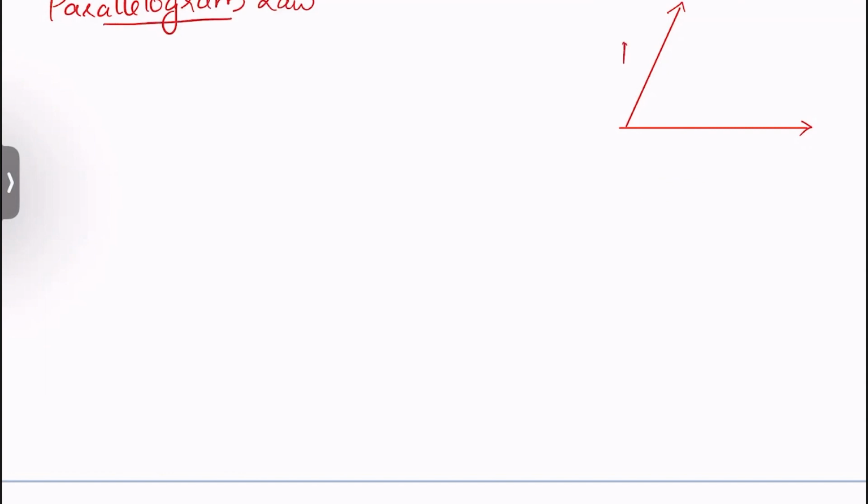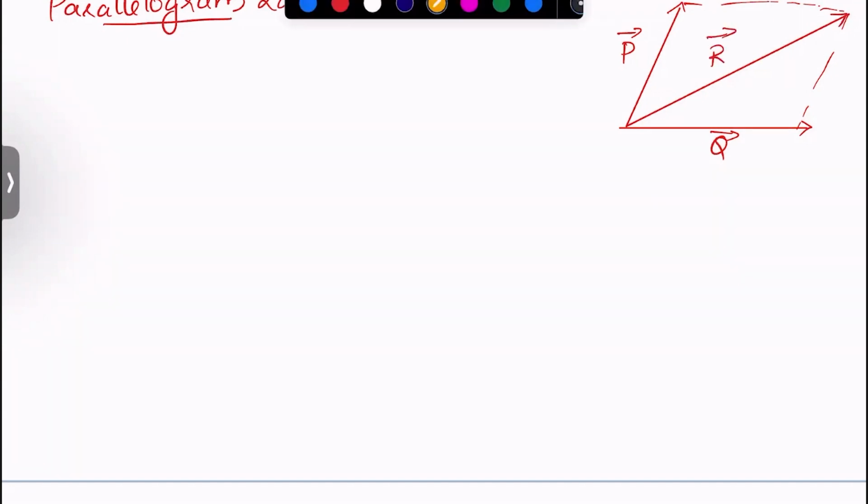So this is P, this is Q, and this is the resultant vector R. We will be constructing a parallelogram using these two sides, and this is the resultant R, and then this is the triangle that we drew for finding the resultant.